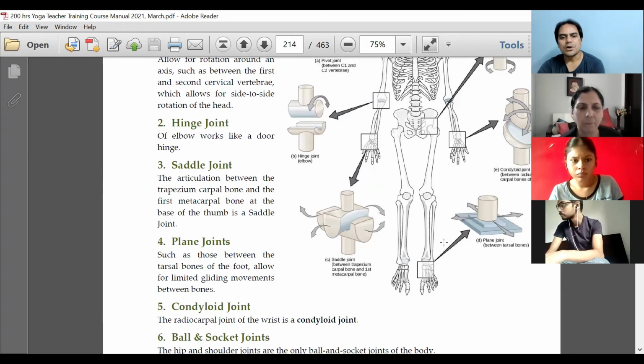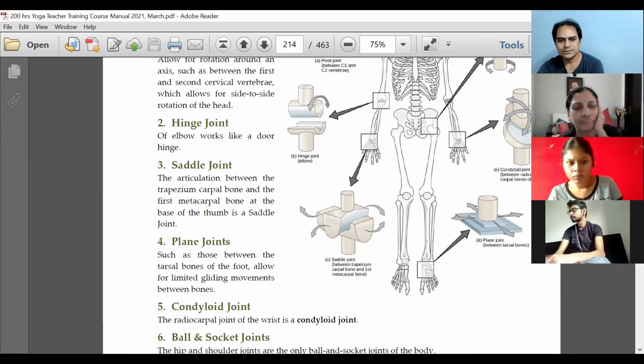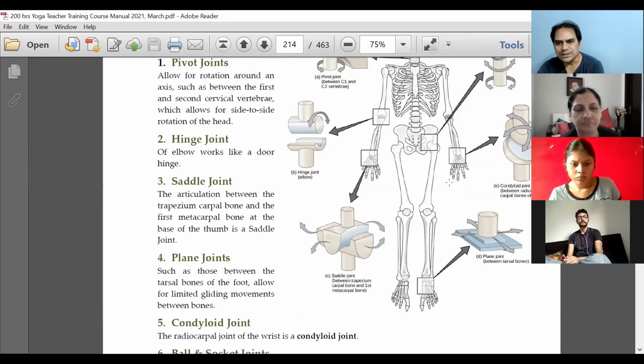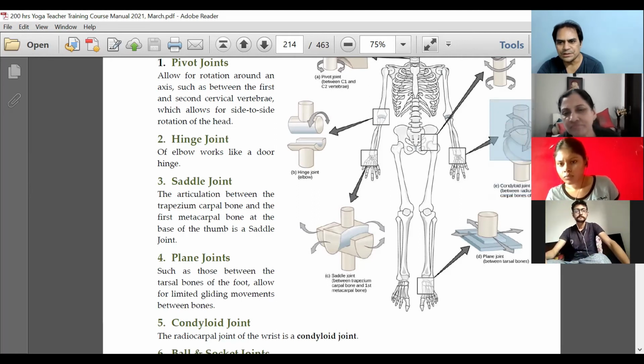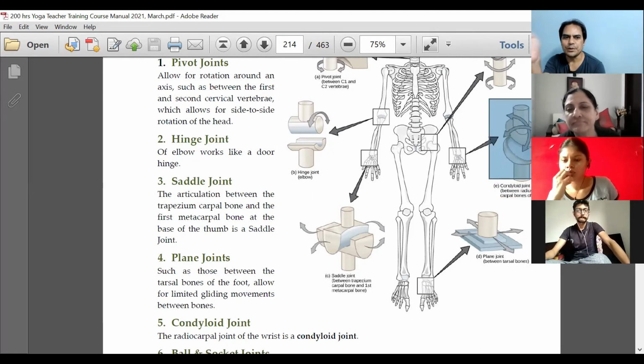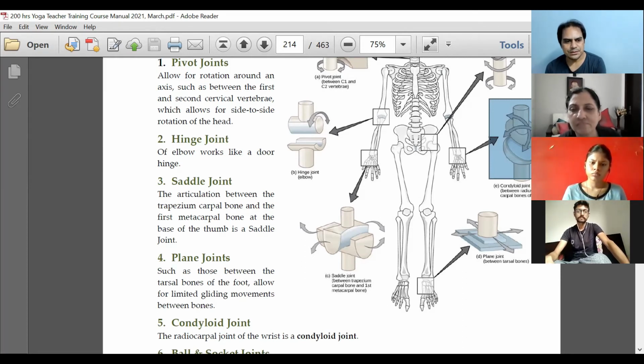And fifth is condyloid joints. This is condyloid joints here. You can see the structure of this, right? This one. This can be moved in this way, in this way, in this way. Wrist joint. Also, when you move your ankle joints, you may have learned the antarmedic group of asanas, right?